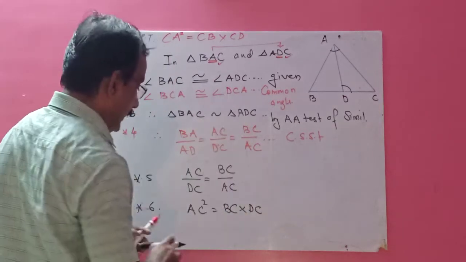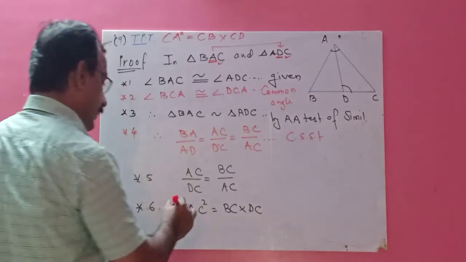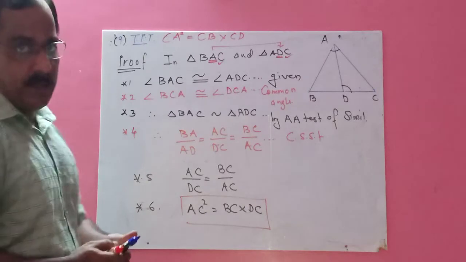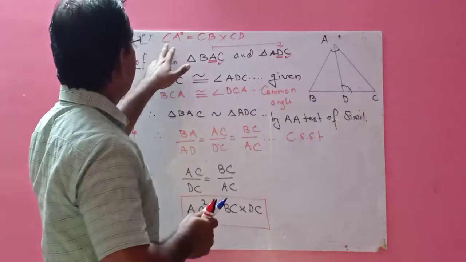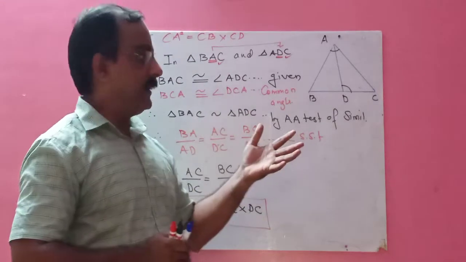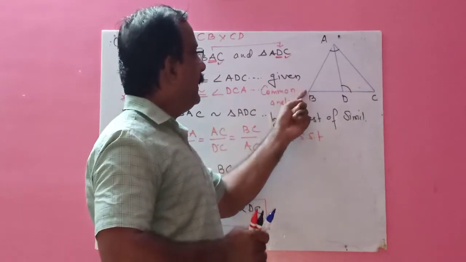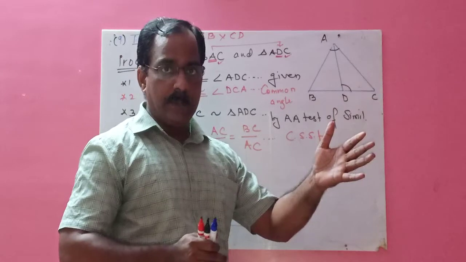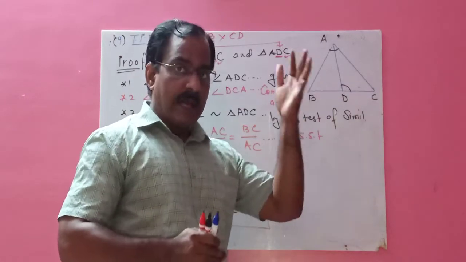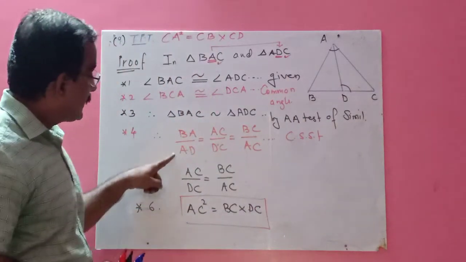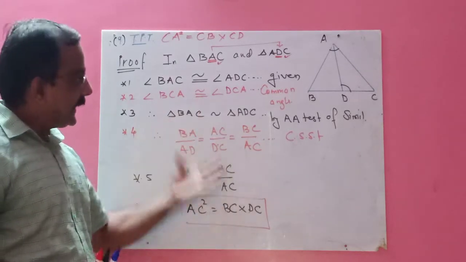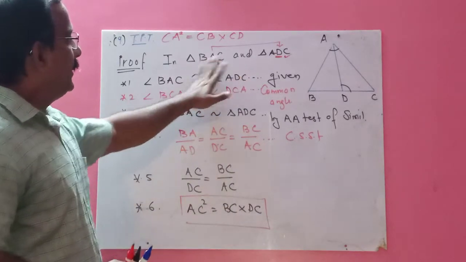So you got your result. Simple problem, and the technique is find out that CA belongs to which two triangles, and it belongs to BAC and ADC. Try to prove them similar, because after proving similar you will get it like this, and by cross multiplication you will get your answer.